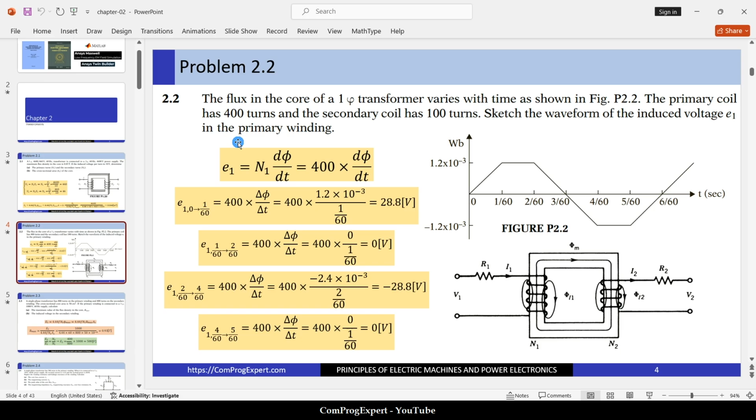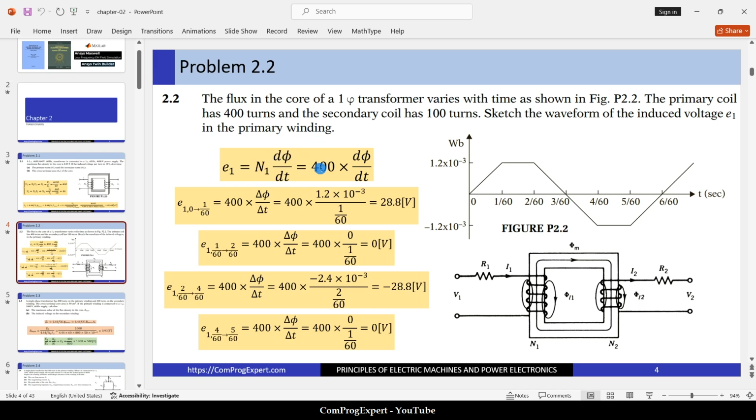The waveform of the core flux is given here, and we should calculate the waveform of the induced voltage in the primary coil. You know that E1, the induced voltage in the primary coil, is equal to N1 times d phi dt. Yes, this is the core flux.